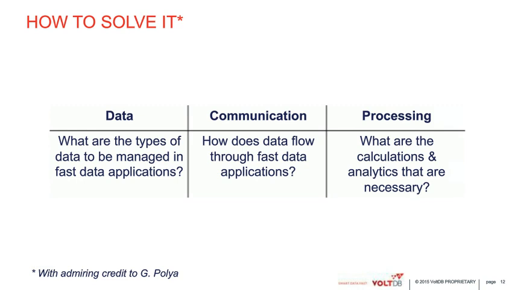Secondly, we can think about it from a communication point of view. How is data flowing through the fast data stack and the big data stack together? What are the common data flow patterns? And finally, we can think about it from a processing point of view. What are the analytics and transactions and queries that are necessary to solve a large variety of fast data problems? So I'm going to walk through these in turn.